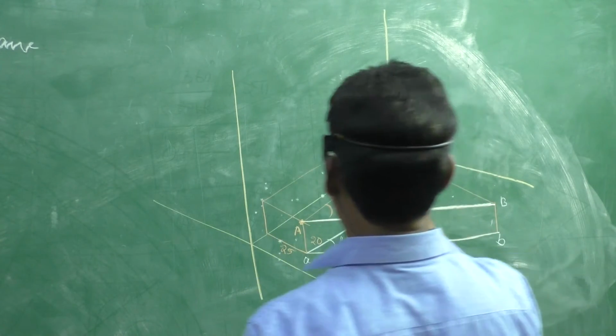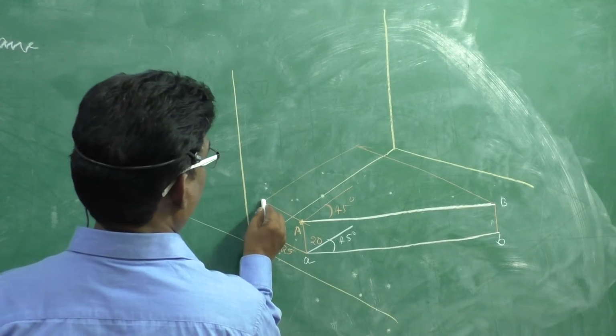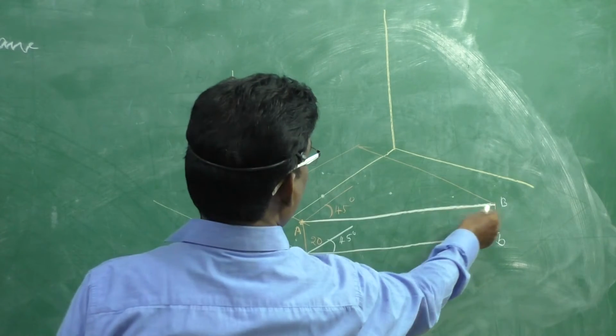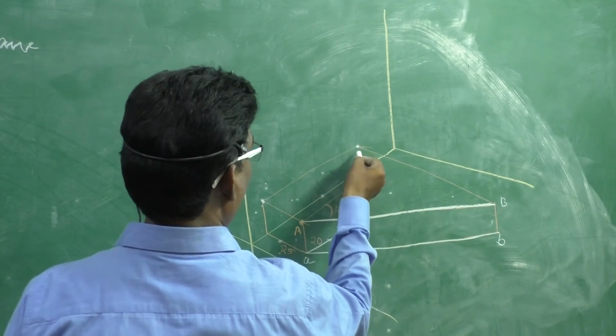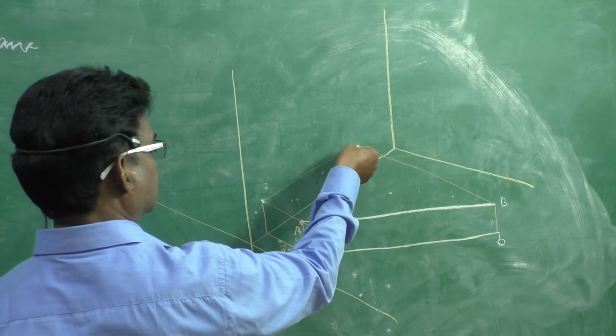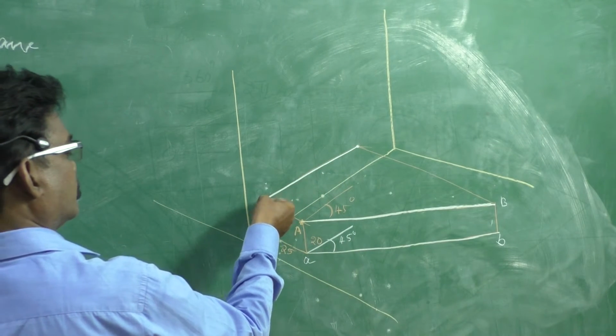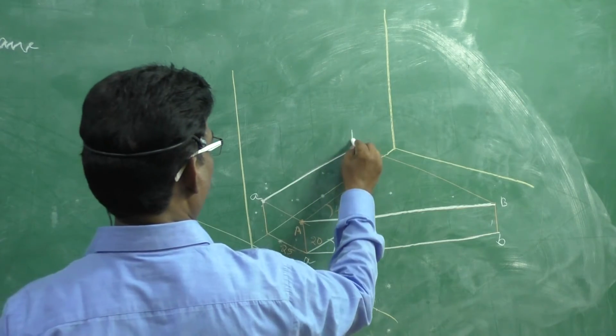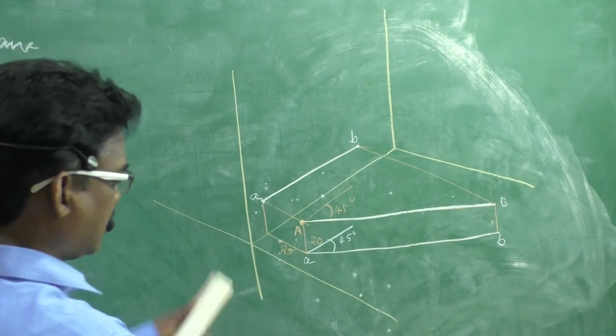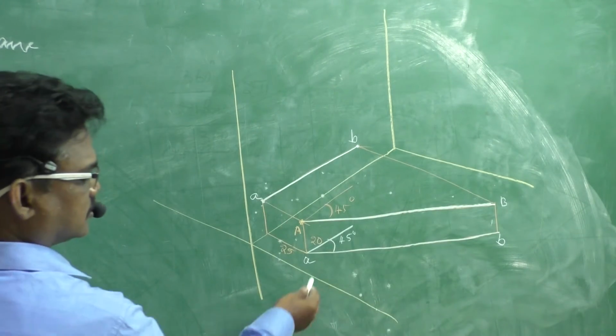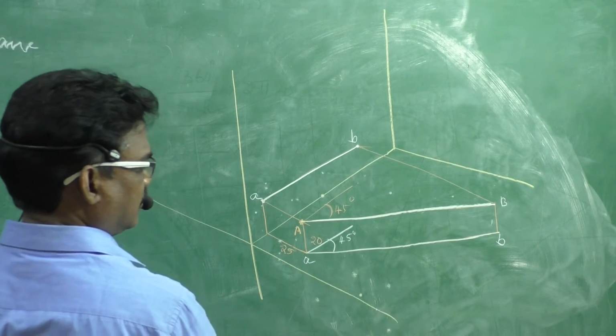Point A here and B here, and only this line we can see, A, B. After the rotation, this top view will be below the reference line.